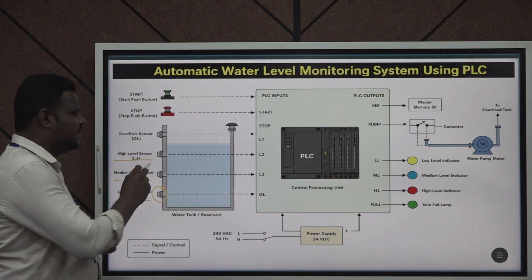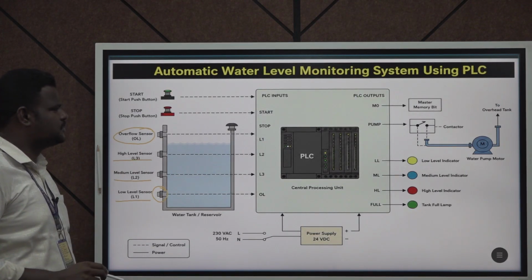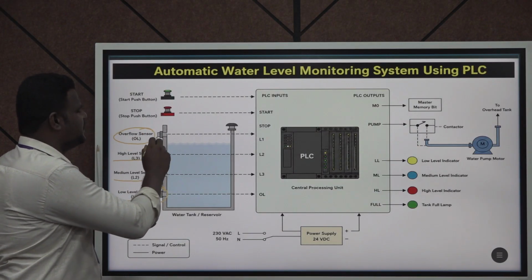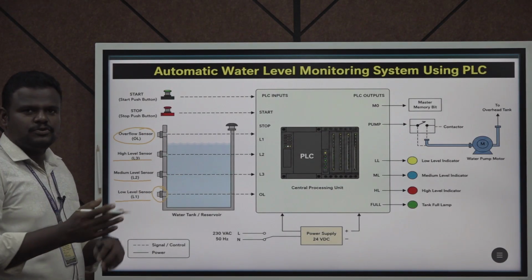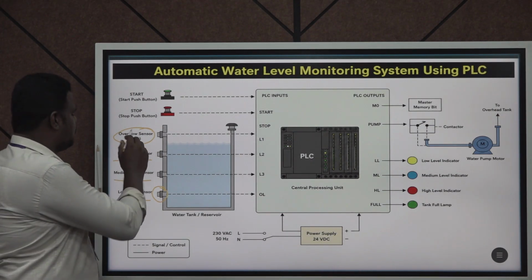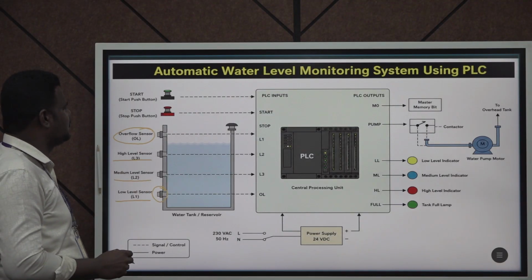Then at the top we have the overflow sensor. If the tank level reaches this overflow sensor, the tank will overflow, so to avoid that we have placed the overflow sensor.